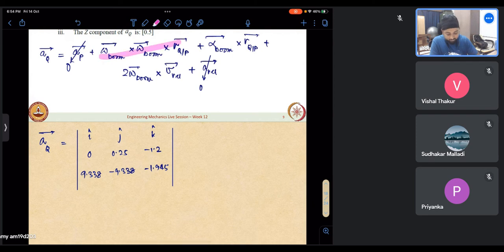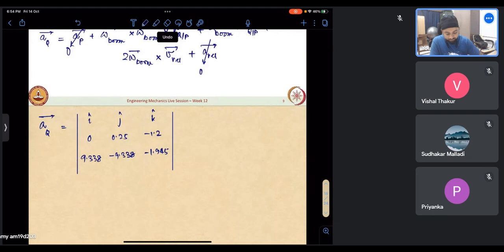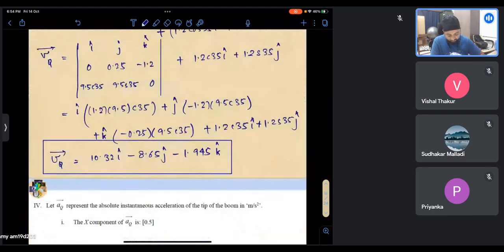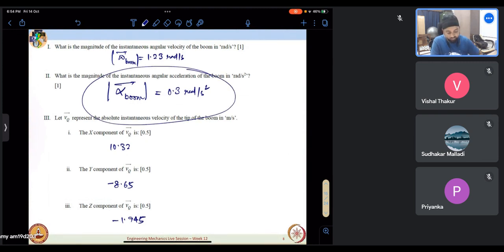This is this component. Then I have to account for alpha. Thankfully, alpha has only one component.